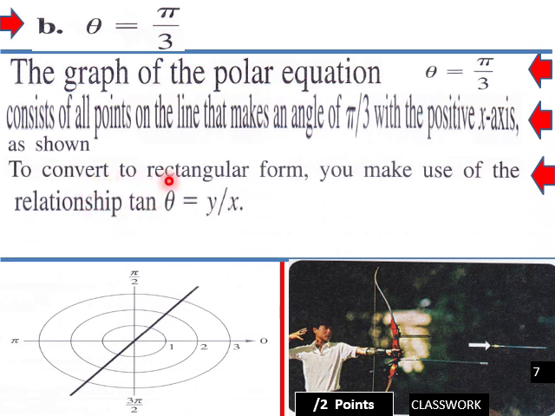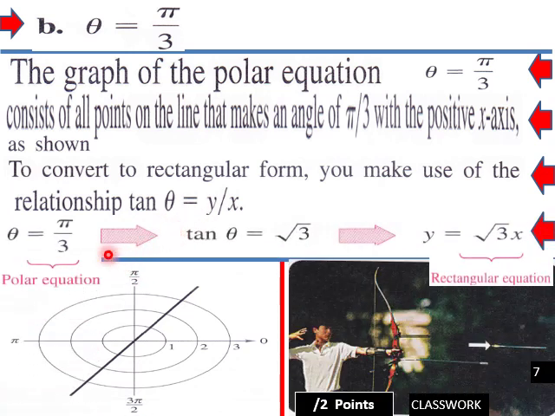To convert to rectangular form, you use the relationship tan theta equals y over x. So theta equals pi over 3, this would be your polar equation. Then tan theta would be radical 3, and then y would equal radical 3 x. This would be the rectangular equation for this line right here.